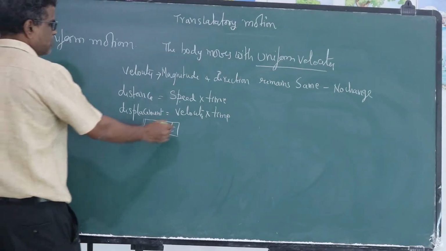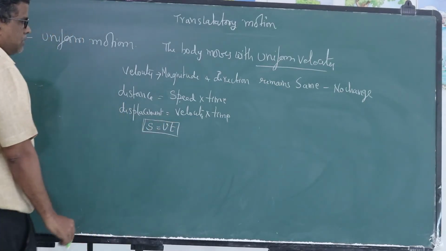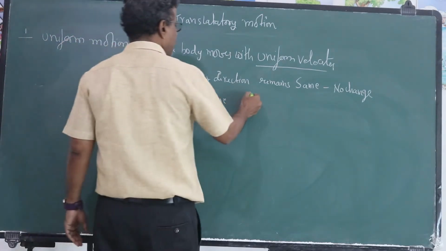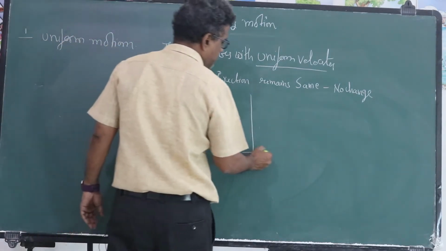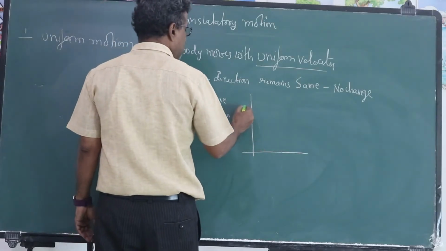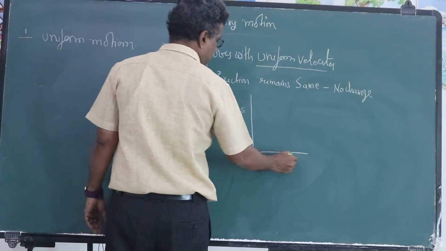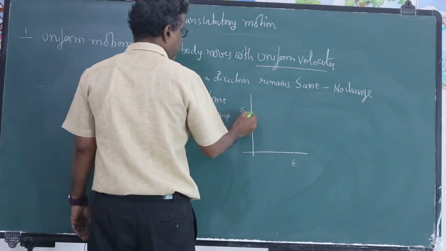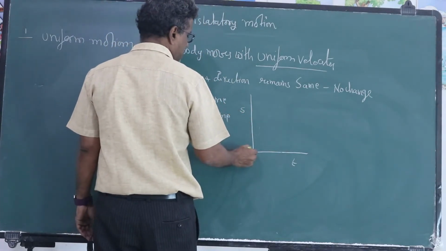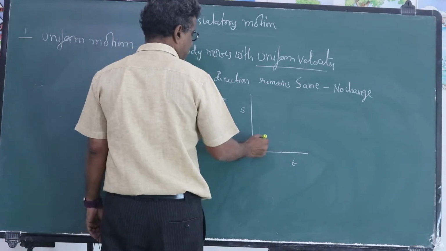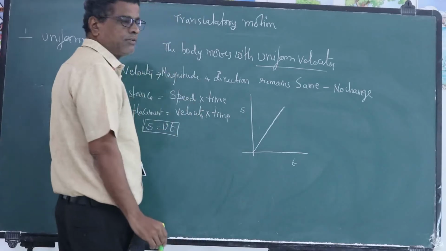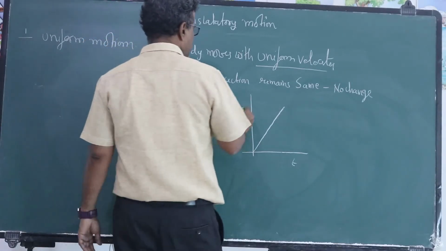This is the first formula in kinematics. Now if you draw a graph for this displacement and time, this is an S-T graph. It will be uniform velocity, position changes, and you will get a straight line passing through the origin.